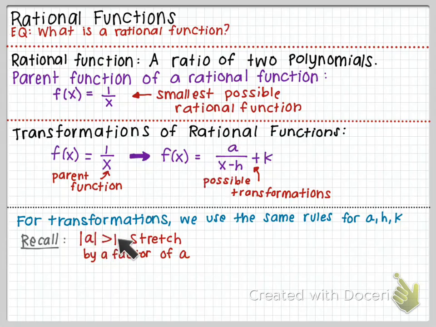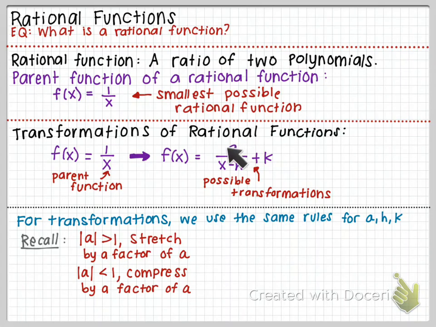If that's greater than 1, we're going to stretch by a factor of a. So whatever this number is, if this was a 2, we'd stretch by a factor of 2. Okay? If it's less than 1, so if this was a fraction, 0.5, or 1/2, that's less than 1, we're going to compress by a factor of a. If a equals 1, we don't stretch or compress. It stays the same.